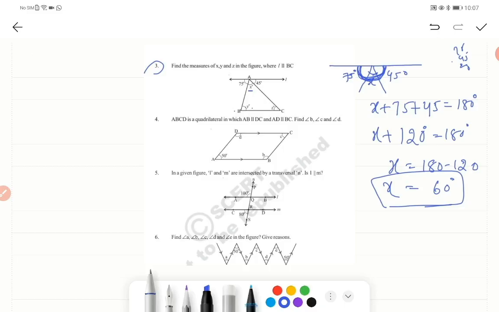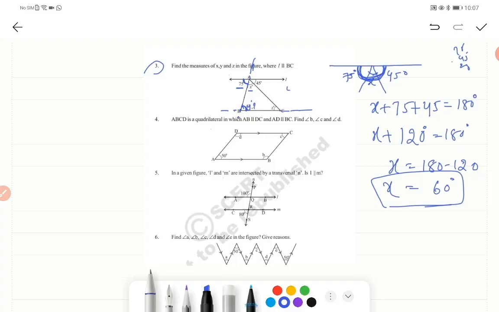Now they're asking what y and z are. It's very easy. You have this parallel line, and if you consider this as a transversal, we need to find angle y. You know this angle is 75 degrees. So y and this 75 degrees are alternate angles.